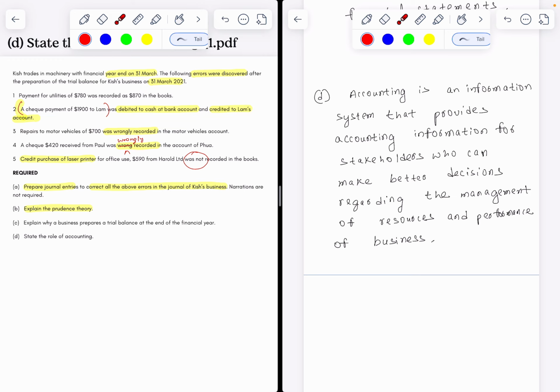Now, who are these stakeholders? The stakeholders could be the investors in the business, the shareholders of the business. The stakeholders could be the creditors who have lent you the money. So anyone who is affected, basically, all right? Based on the company performance and how the company manages the resources.